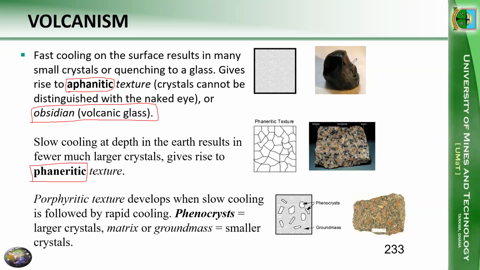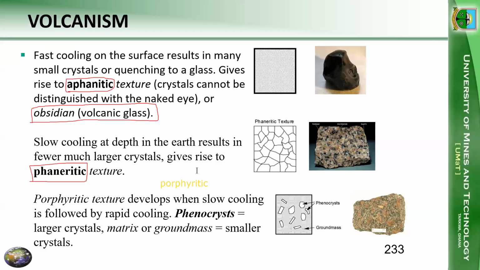There is a third type of igneous texture, we call porphyritic texture. So when you hear the term porphyry, or the texture is porphyritic, think about large crystals surrounded by fine matrix. So how does this kind of texture develop?